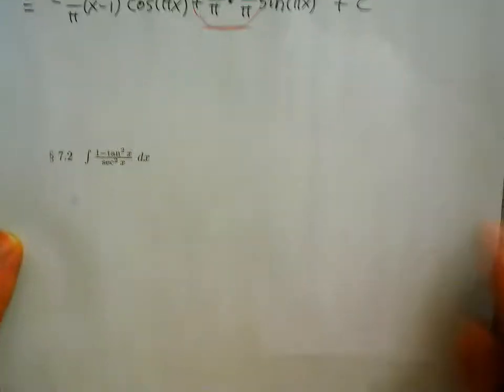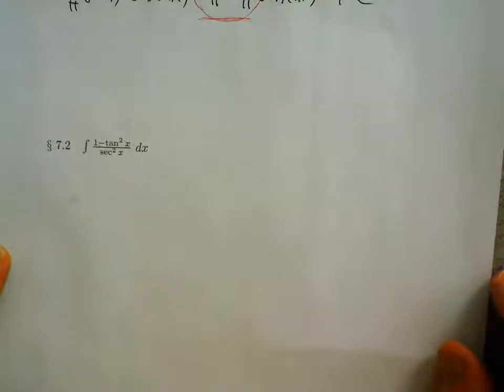Okay, the next one, the indefinite integral of 1 minus tangent of x squared divided by secant of x squared. So, do you have any ideas on how to proceed with this one?